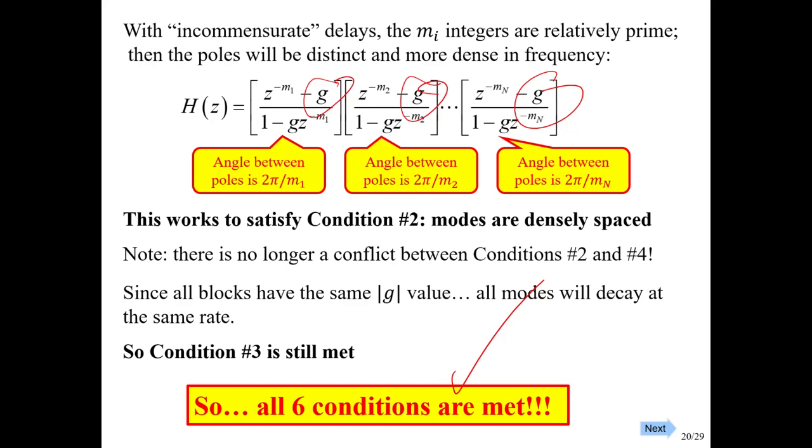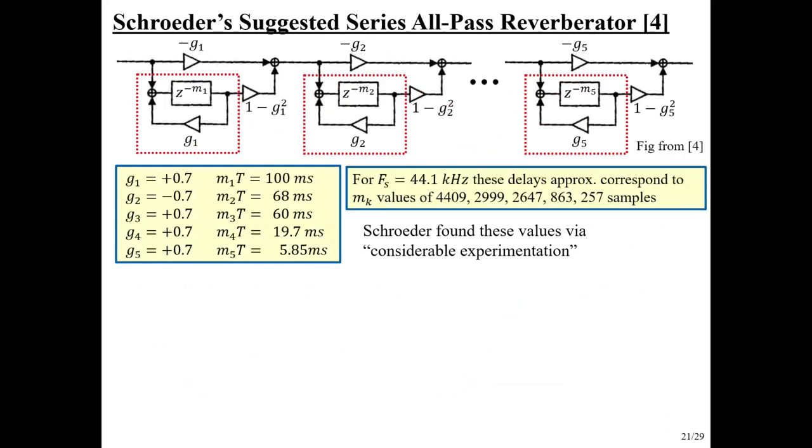Did a comb filter, did a single all-pass, but all of that exploration led to the insight that led to something that looks like this. So this is right out of the 1961 paper. I've modified it a little bit because I put in Z's. I don't think the paper has Z's in there.